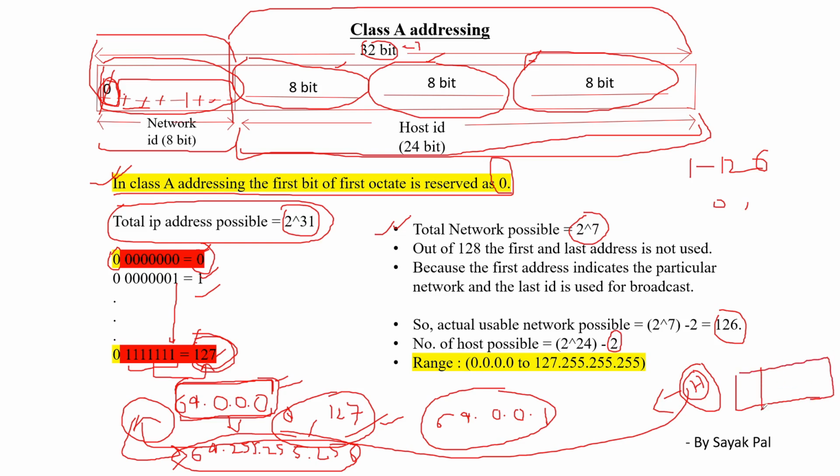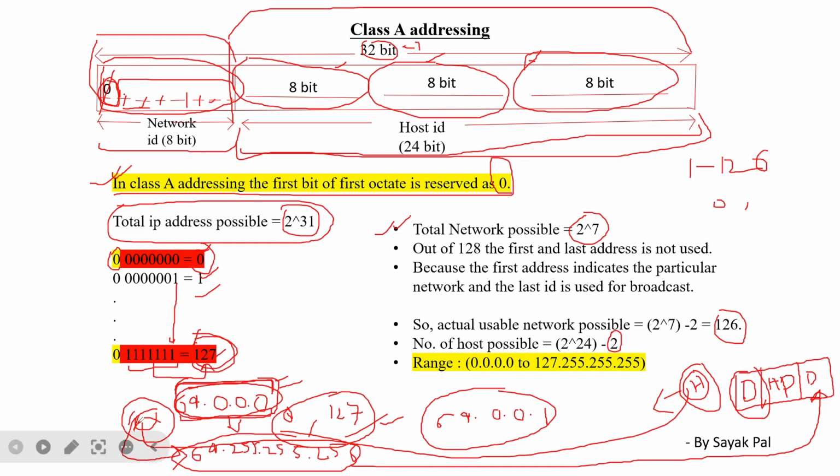The sender puts the data, or the message, in the packet and puts his source machine IP address here. As the destination, he puts 64.255.255.255, so that this message will be delivered to all the machines, or all the hosts, inside this network. That's why it is the broadcast address, and it is not given to any host.